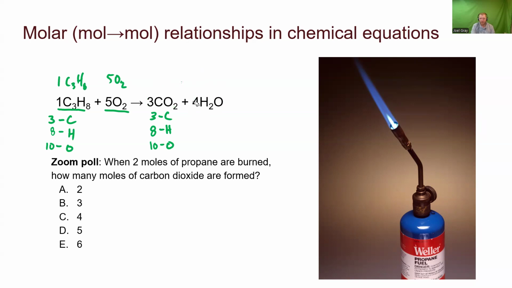Now, you've taken my C3H8 and my O2, those exact numbers, 1 and 5, and you've made this and this. Do I have any more C3H8 or O2 left over? No, because they've been completely consumed. Do you follow that? Add a Y or an N to the chat.